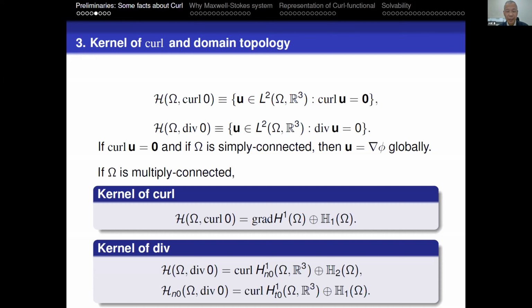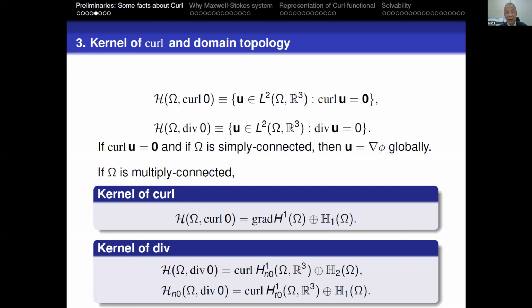For example, if a vector field U has curl 0, and if omega is simply connected, then U is a gradient field globally. But if omega is multiply connected, this is not the case. Actually, the kernel of curl consists of two parts, the gradient fields part and the space H1.